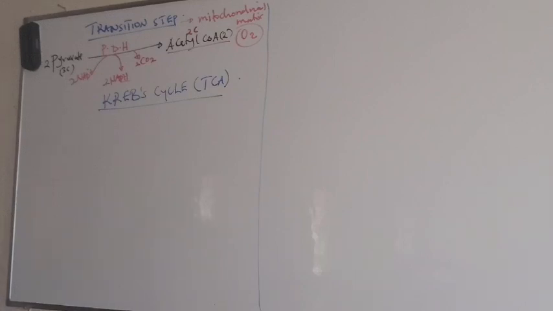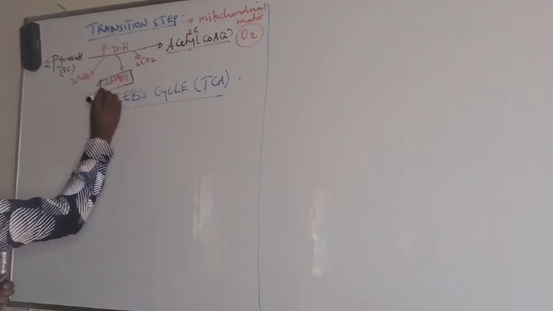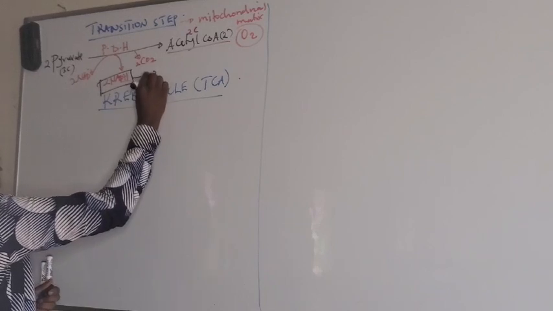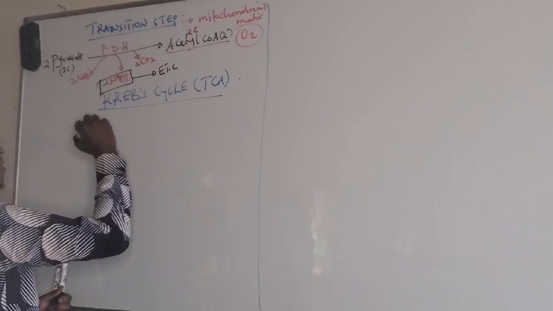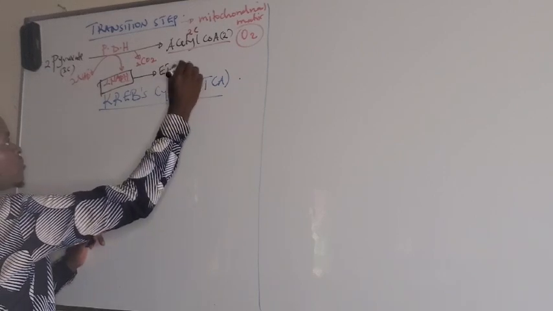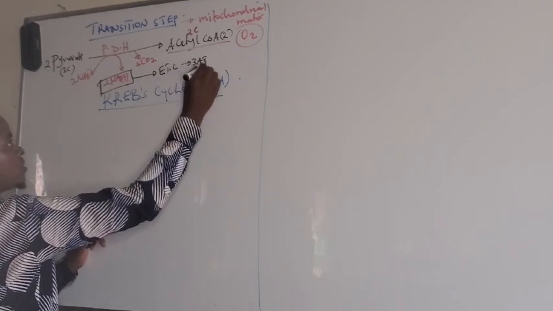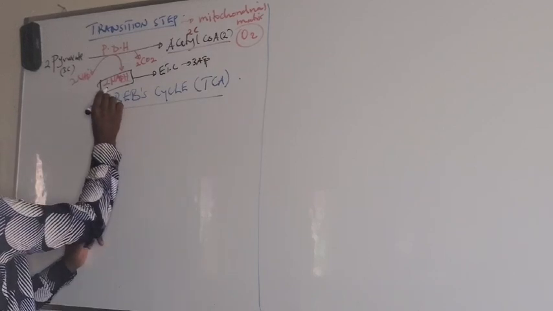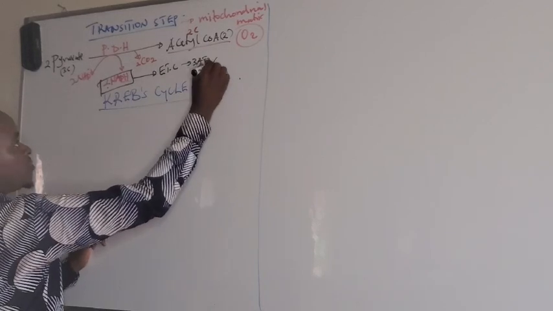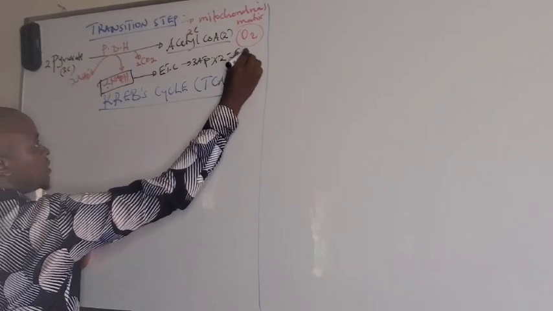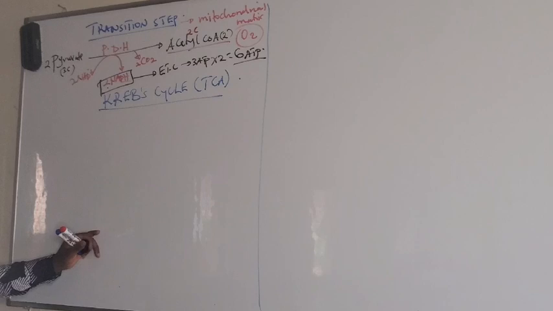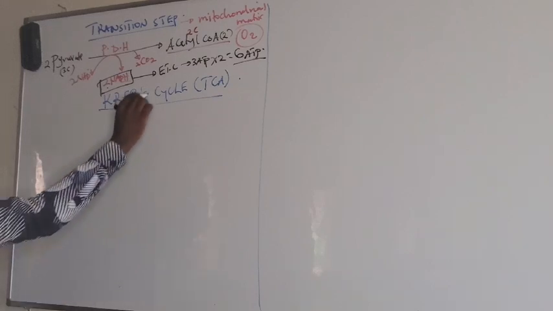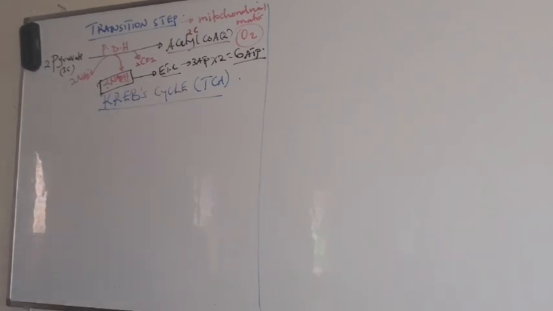The major product is 2 NADH, and when shuttled in the electron transport chain, 1 molecule of NADH produces 3 ATP molecules. So since we are producing 2 NADH, we get 3 times 2, which is 6 ATPs produced during the transition step in aerobic conditions.